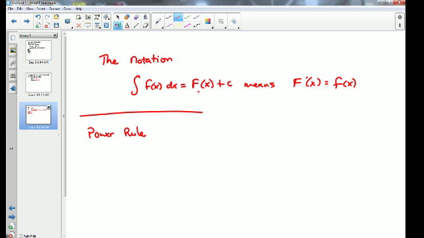So what the second part is saying is the derivative of the antiderivative. So here's the antiderivative, right? Calculate the derivative of the antiderivative, gives you back the original.